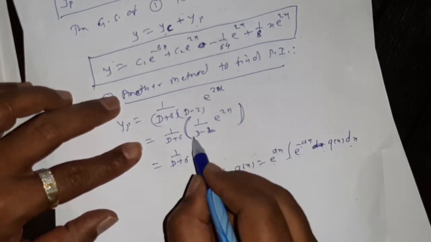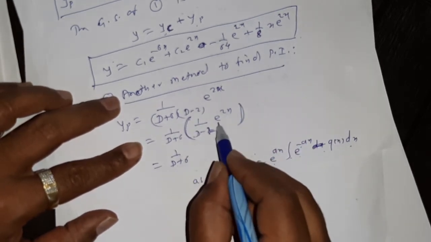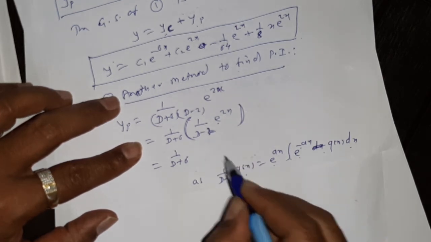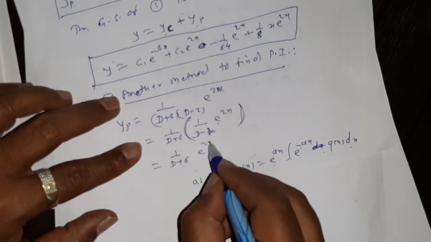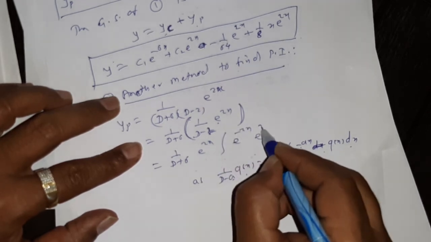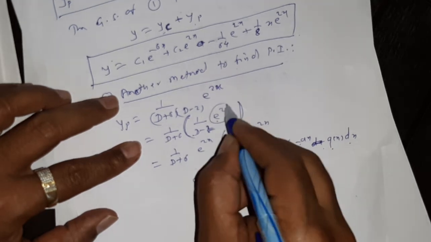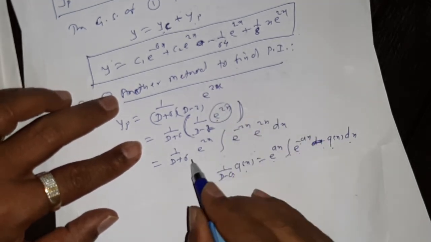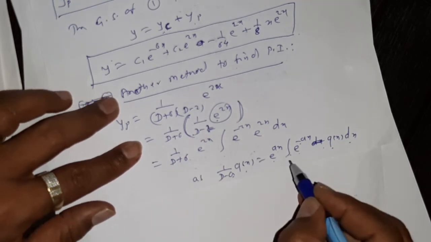1 by D minus 2, e raised to 2x is what? Here a is 2. So e raised to 2x, by using this rule, integration e raised to minus 2x, Qx is this, e raised to 2x, dx. So this step is by using this rule.